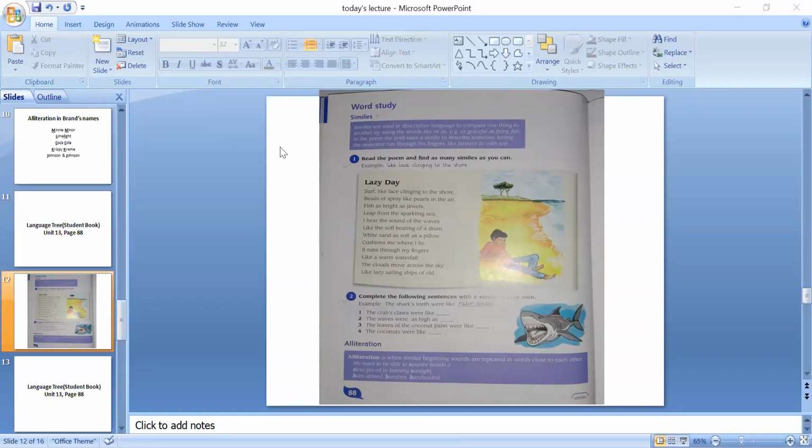Yes, trees. You can write both, trees or mountains. It's better to write mountains here. Yashad beta, in the second blank, you will be writing mountains. The waves were as high as mountains.